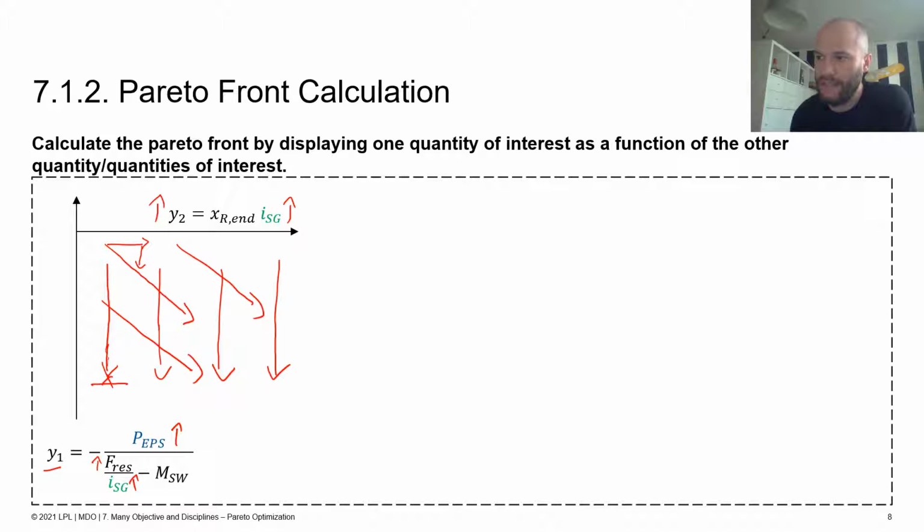So if we change the ratio from here, we would go here and end up again at the upper bound of the performance value, but for a different gear ratio. So that means that our Pareto front will look like that. It's a straight, decreasing line.